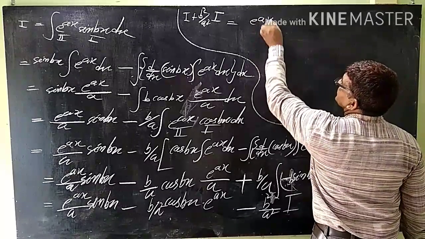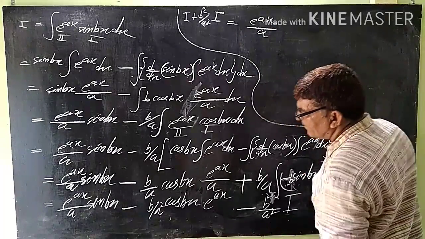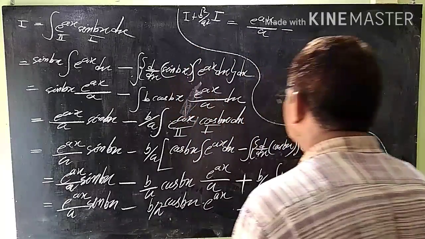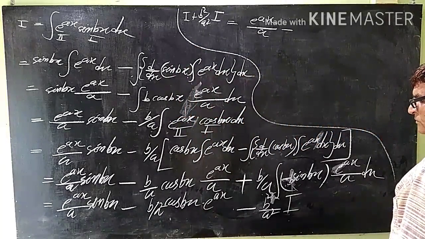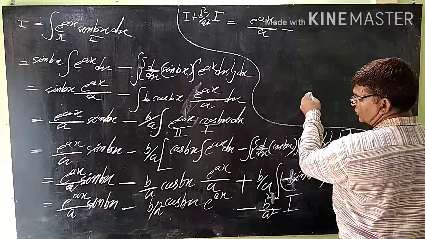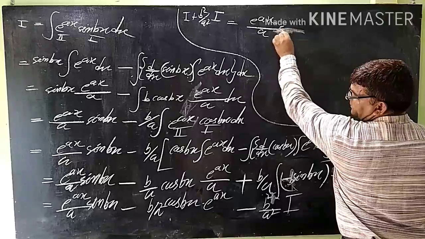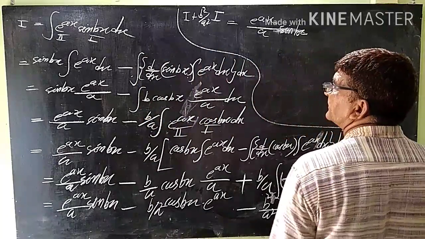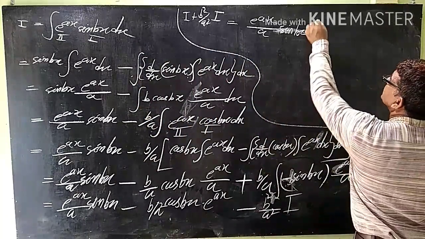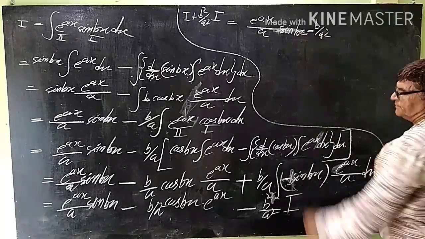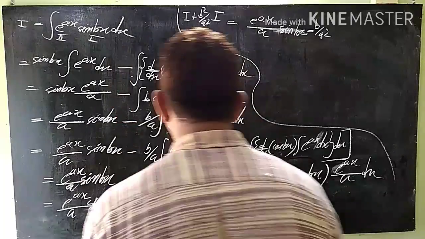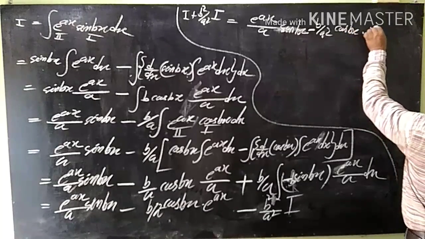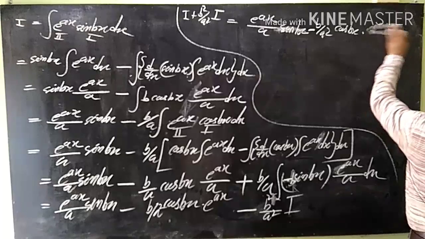power of e ax upon a sin bx minus b upon a square cos bx into power of e ax.